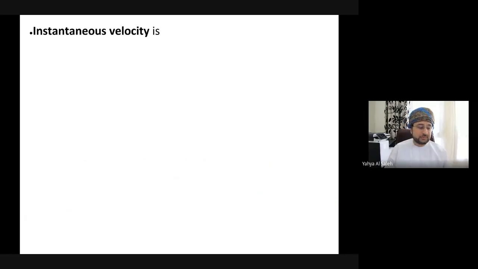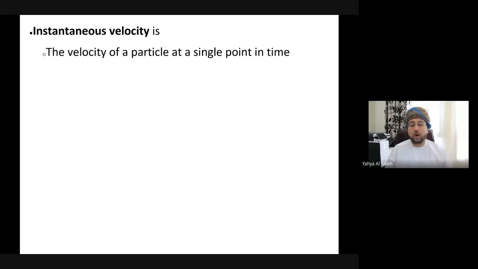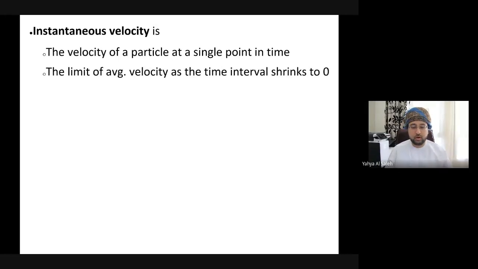So instantaneous velocity is the velocity of a particle at a single point in time. We've said that already before. The limit of average velocity as the time interval shrinks to 0 is the definition of instantaneous velocity.